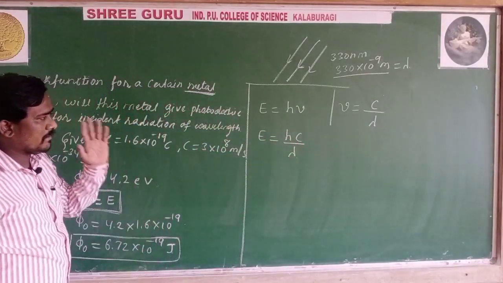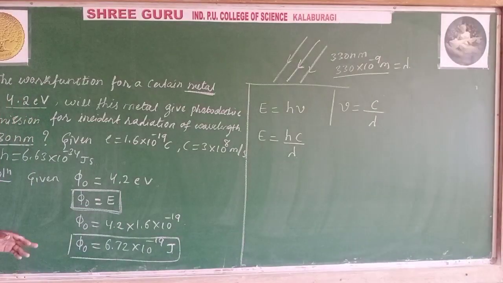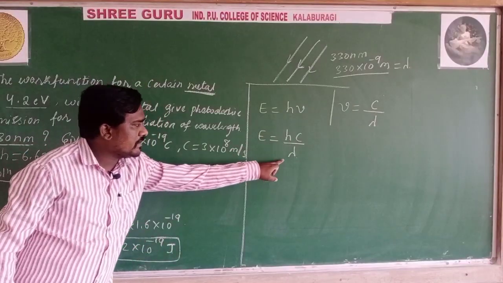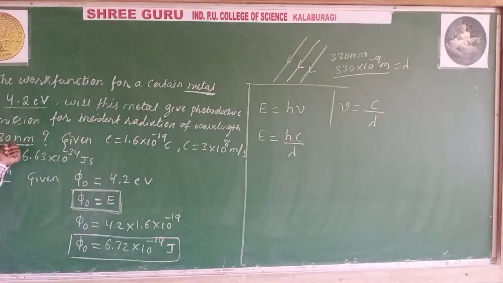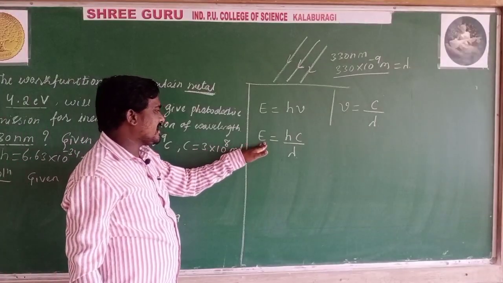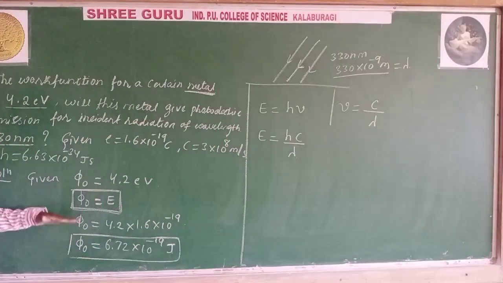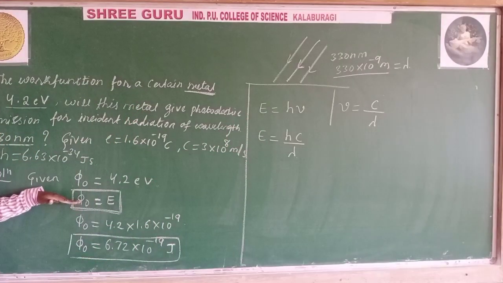We know the value of the Planck constant, and also the value of c, the velocity of light, and we know the wavelength of the incident radiation. Now substitute the values. If the energy is equal to the work function, then the emission will take place.